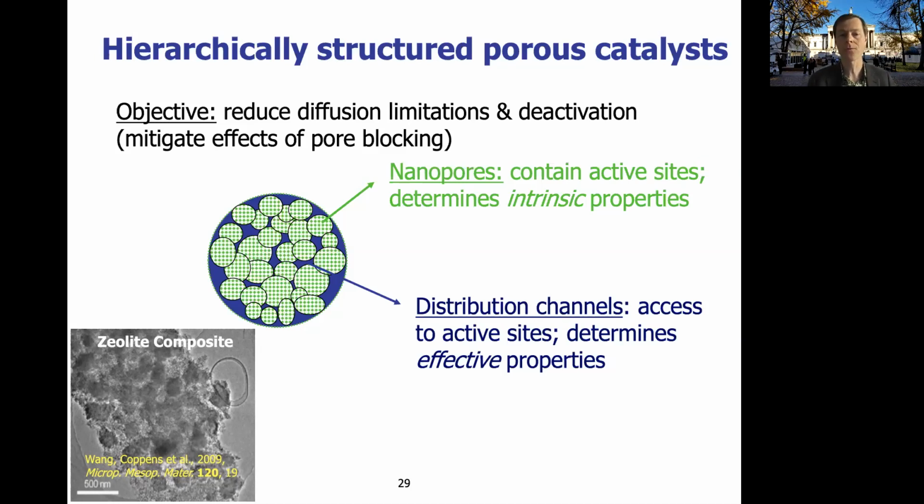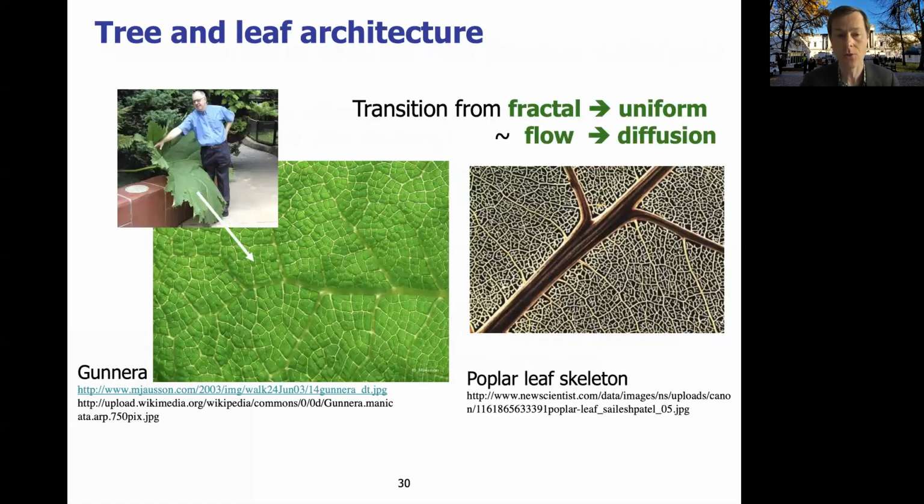And so when we go back to nature, I draw my inspiration from the structures of leaves, because in very large leaves, you may have a fractal architecture, but when you go to a smaller scale, you see that the cells are all the same size. So we have moved from fractal to a uniform structure. The transport structure seems to move from something fractal to uniform when the transport mechanism moves from flow to diffusion.